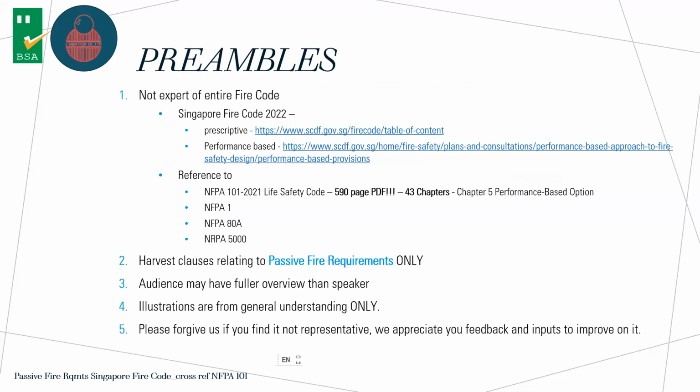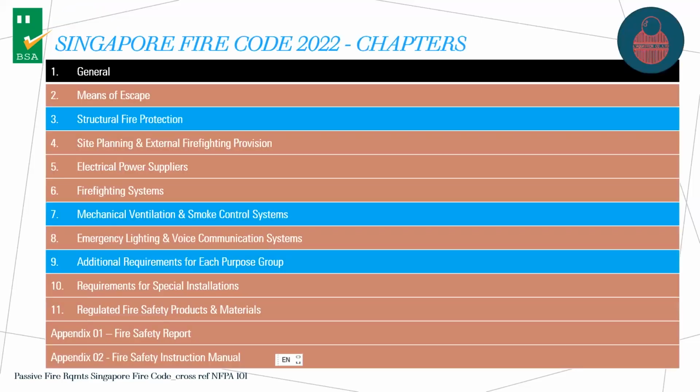Okay, in my presentation, there are a lot of illustrations, and they may not represent a real building, but it's just to illustrate what I'm trying to portray. All right. The fire code has altogether 11 chapters, but today I will only concentrate on chapter 3, chapter 7, and chapter 9. The rest, we don't have enough time to dwell on. Okay.